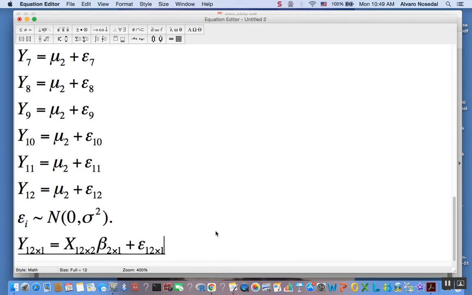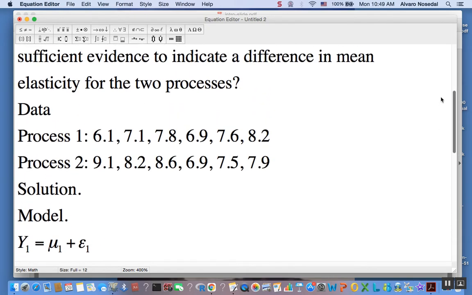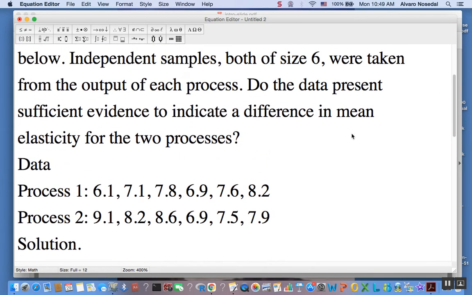So let's try and do that, okay? So in this case, let's go back to the question. The question is, do we have statistical evidence that there's a difference in the average elasticity between those two processes?